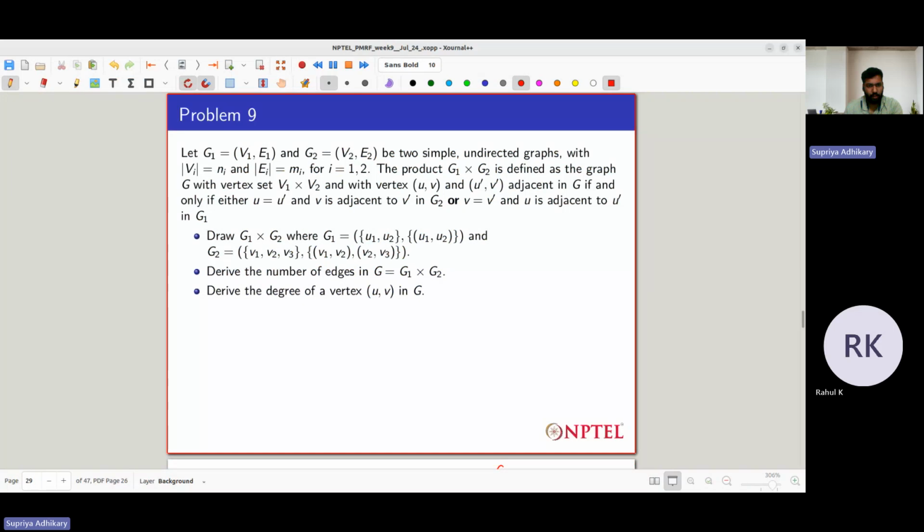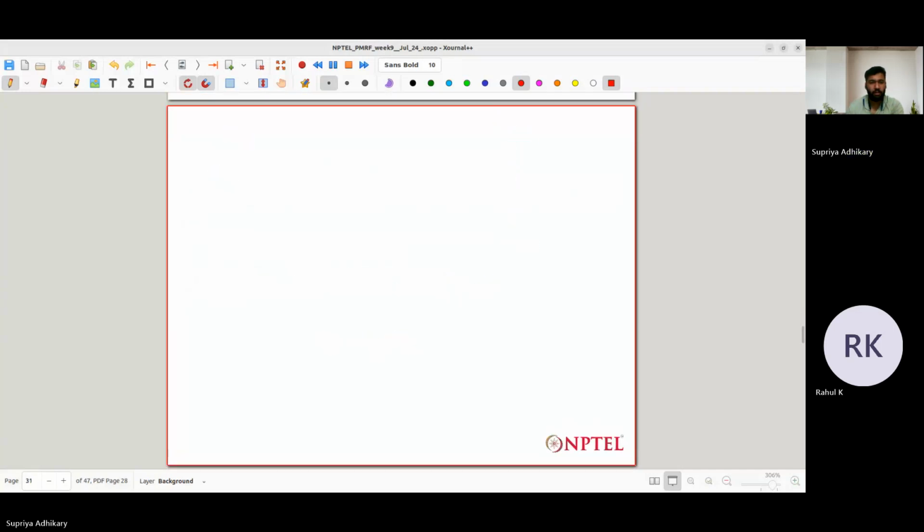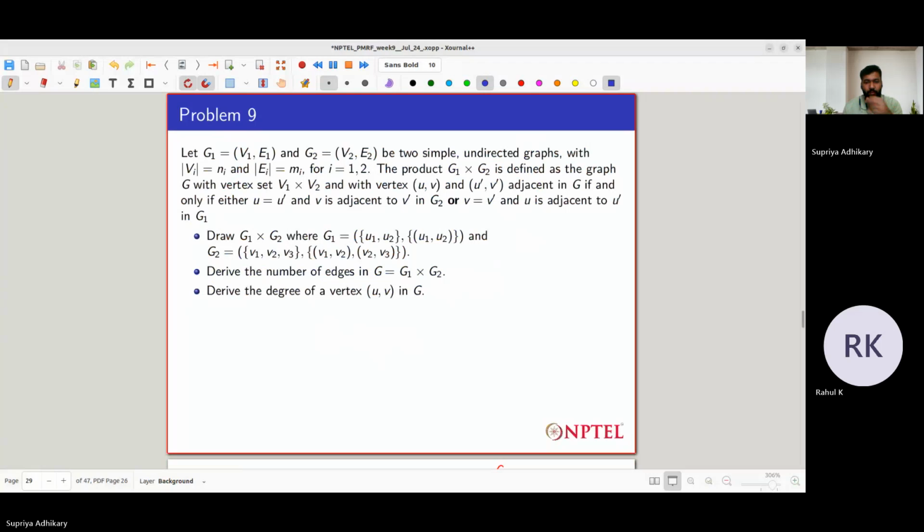So first, for this example, we have to draw the graph G1 cross G2. G1 is given as this. G1 is given with two vertices, u1 and u2, and there is only one edge in G1.